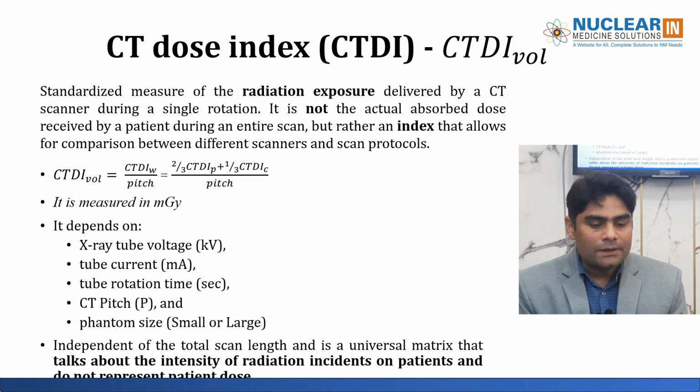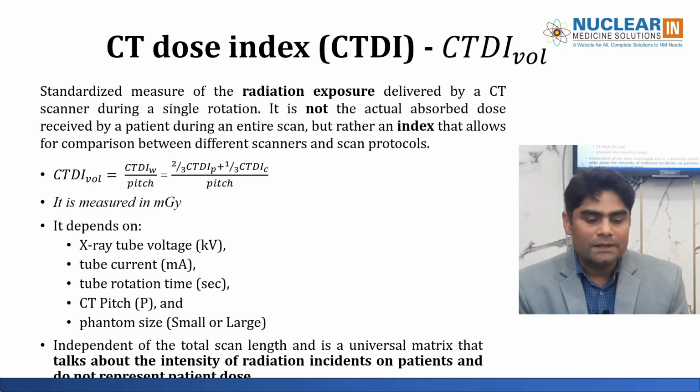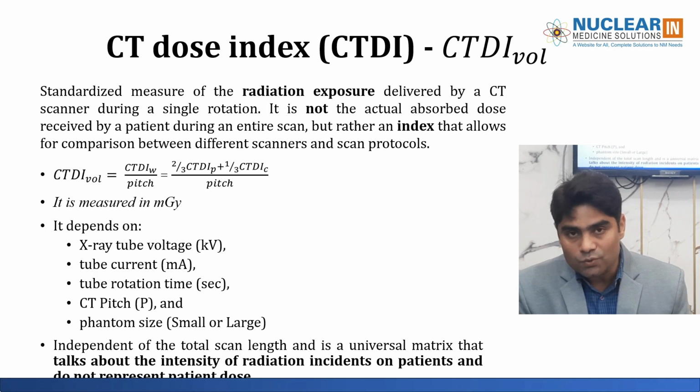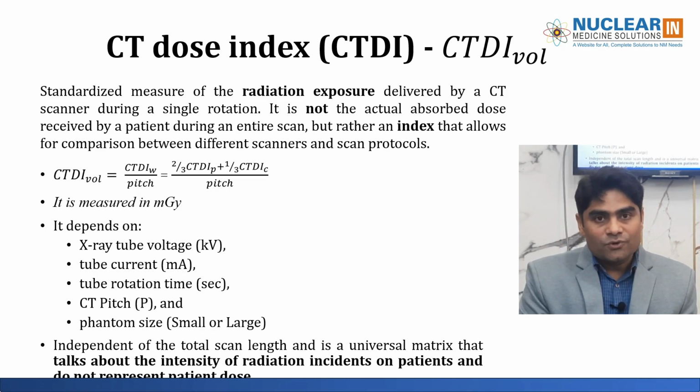It is independent of the total scan length, and is a universal metric that talks about the intensity of radiation incident on the patient and does not represent the patient dose. It is only a measure of the radiation output coming from the machine.